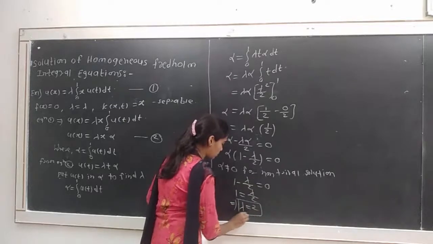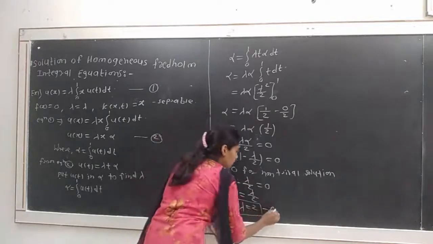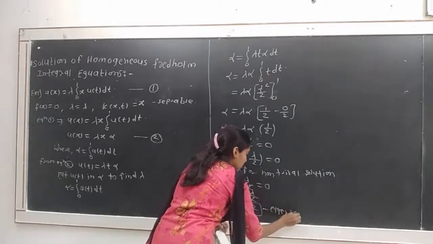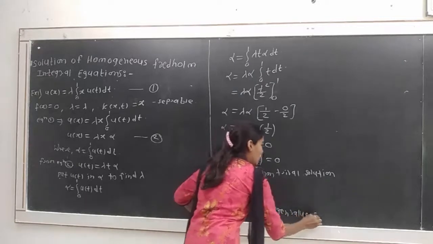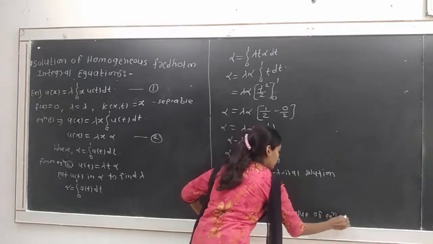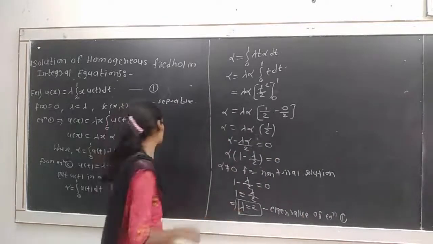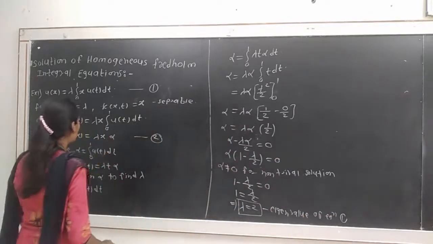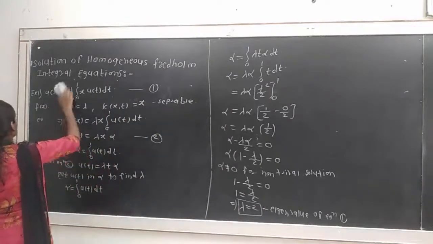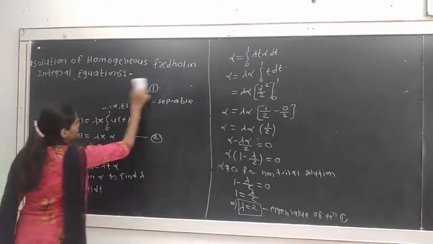And λ equal to 2 is called the eigenvalue of equation number 1. Then we put λ equal to 2 in equation number 2 to get the eigenfunction with respect to that eigenvalue.